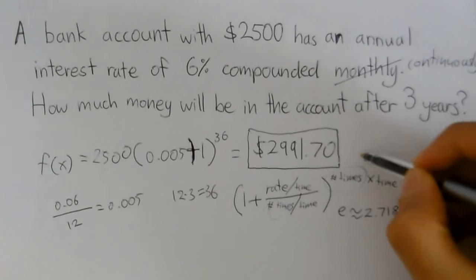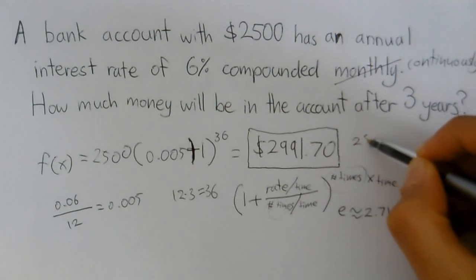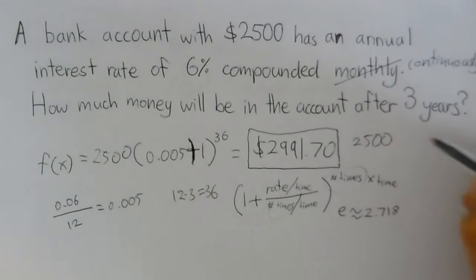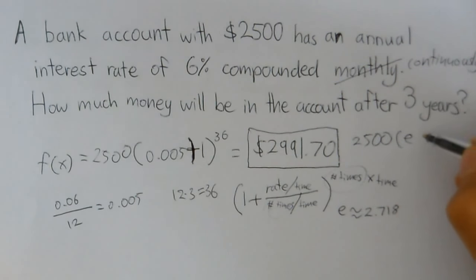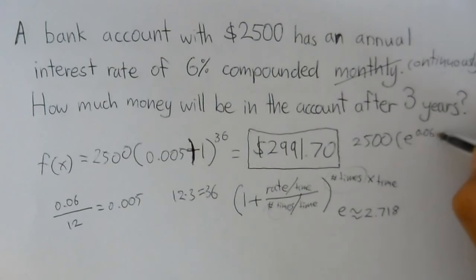We can calculate it by multiplying 2500 by e raised to the power of the rate, which is 0.06, times the length of time, in this case 3 years.